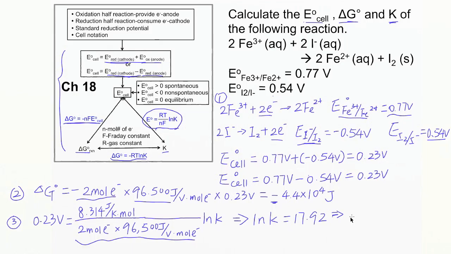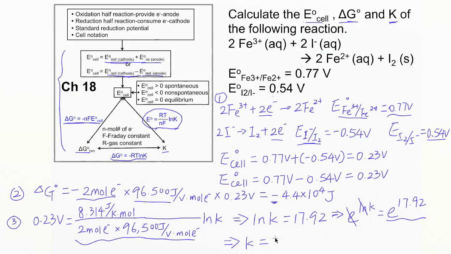And if you raise the two sides to the exponent of e, that gives you this equation, and you can cancel the e and the ln here. That tells you that K equals this value.